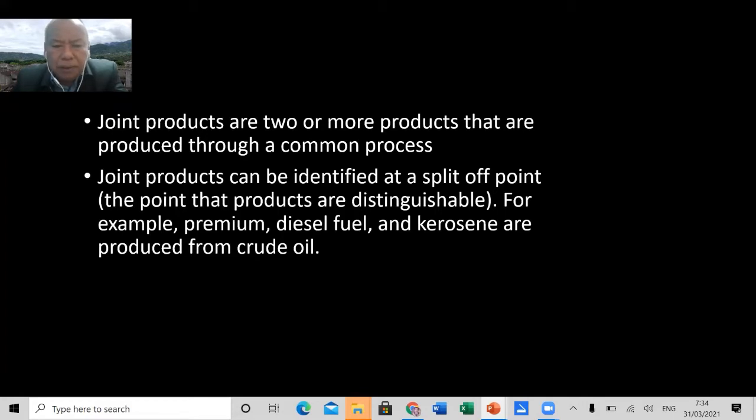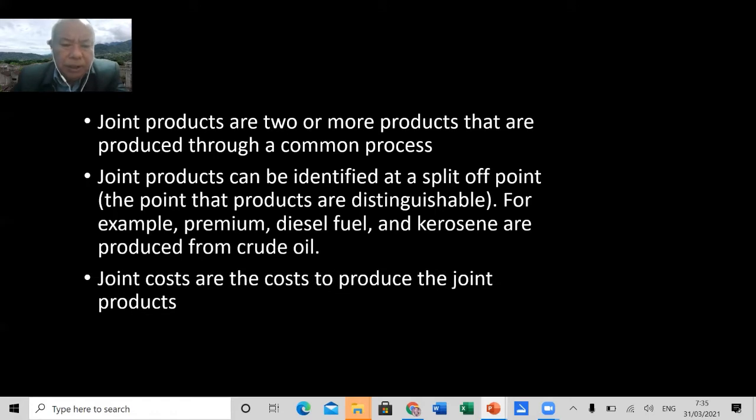For example, if we process crude oil, from crude oil we get premium, diesel fuel and kerosene. So these are joint products from one raw material. In this case, the raw material is crude oil, and we can produce several kinds of products from it: premium, diesel fuel, and kerosene.